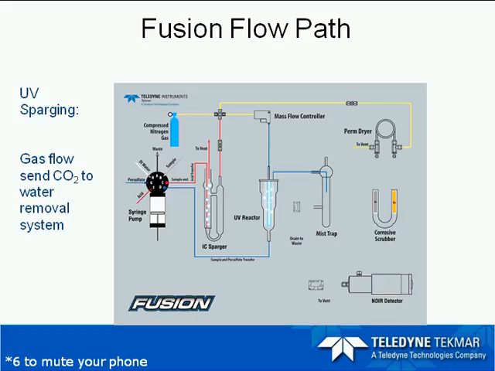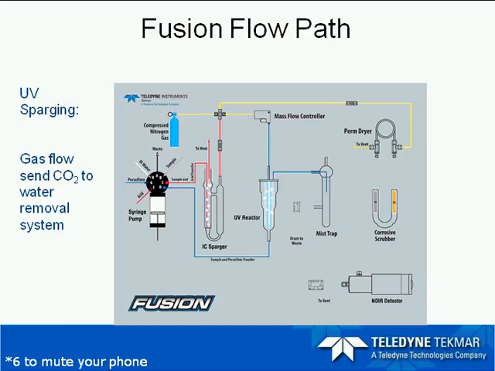So now we've turned on the flow of nitrogen gas through the mass flow controller, and the carbon is now flowing out of the UV reactor through to our water removal system, which consists of the mist trap and the perm dryer.